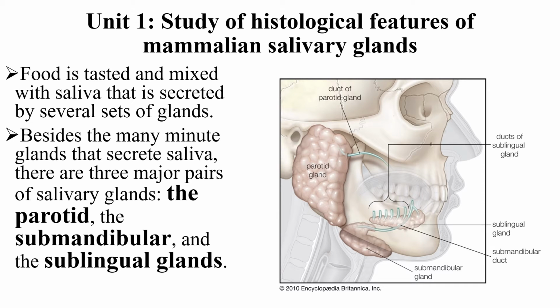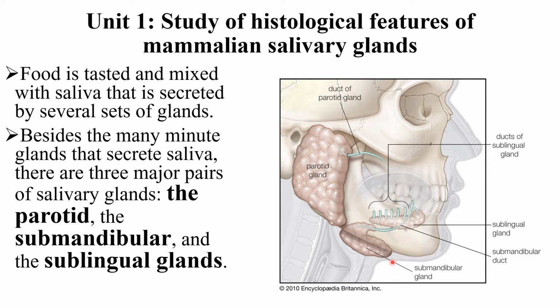Besides the many minute glands that secrete saliva, there are three major pairs of salivary glands, and these are the parotid glands. You can see here, this is the parotid gland, and the submandibular gland. The one which is situated just below the jaws is the submandibular gland.